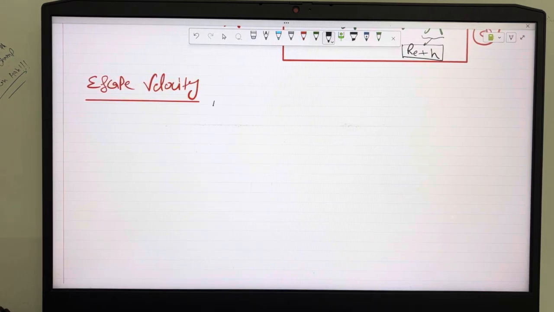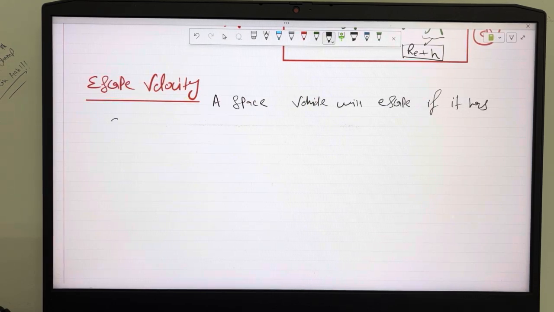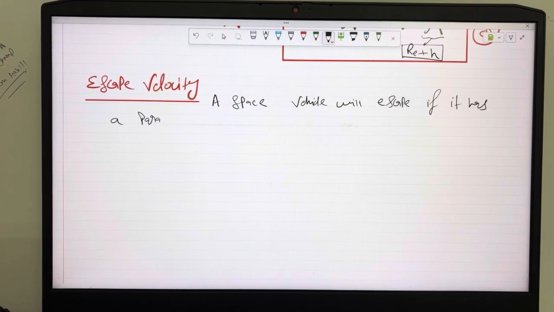A space vehicle will escape if it has a parabolic or hyperbolic trajectory.